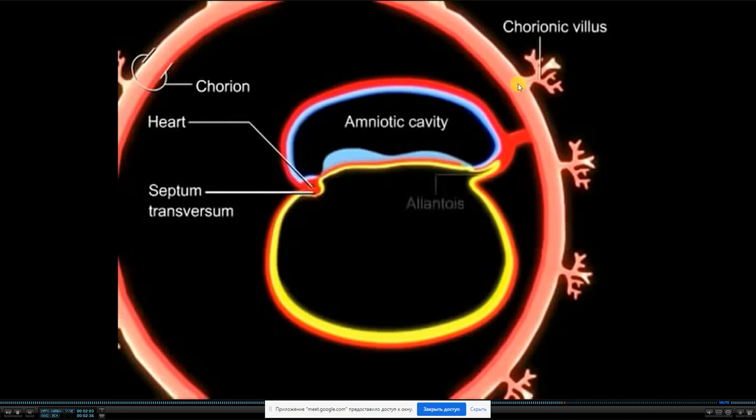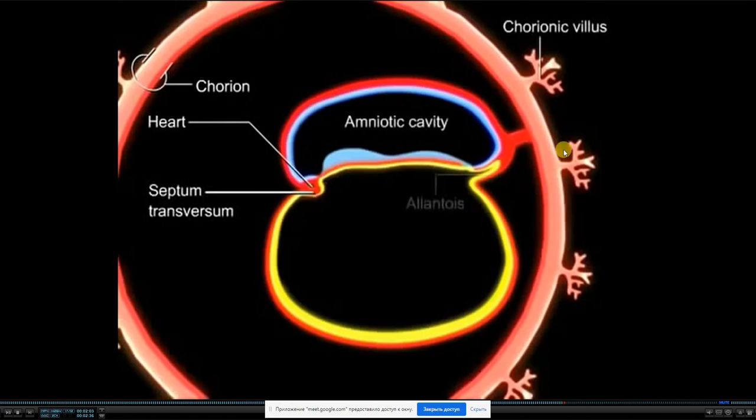Together they form the chorionic villus. This chorionic villus invades the maternal part of the uterus and gets feeding from the uterus, and blood vessels start from the chorionic villus. They constitute the connecting stalk and then establish the circulation in the embryo. We'll discuss it a little later.